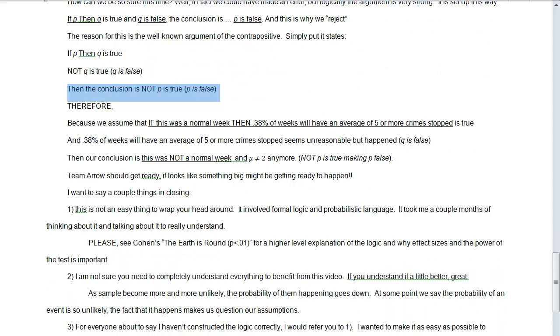So, interesting. Because if we assume that if this week was normal, then 0.38% of weeks will have an average of 5 or more crimes stopped is true, right? The essence of our p-value, the definition. And 0.38% of weeks will have an average of 5 or more crimes stopped seems unreasonable, but still happened, so Q is false.